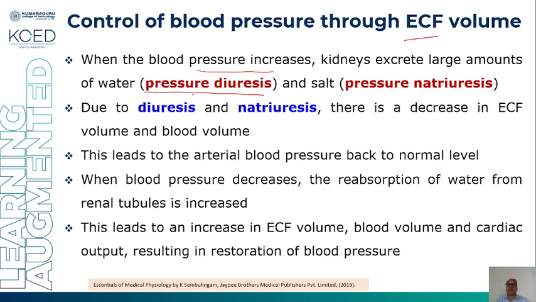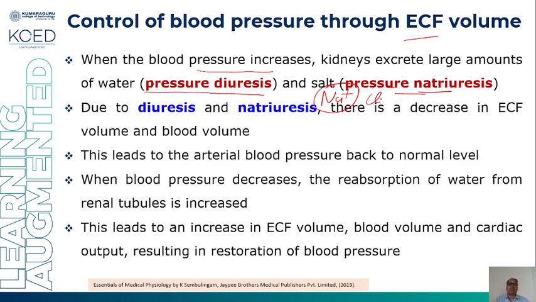Along with water, you will have salts, very particularly Na+ and Cl-. That is the reason it was termed natriuresis. So along with the large volume of water, the dissolved ions, sodium, chloride, potassium, magnesium, whatever it is, but we focus much more on sodium, salt will also be lost.